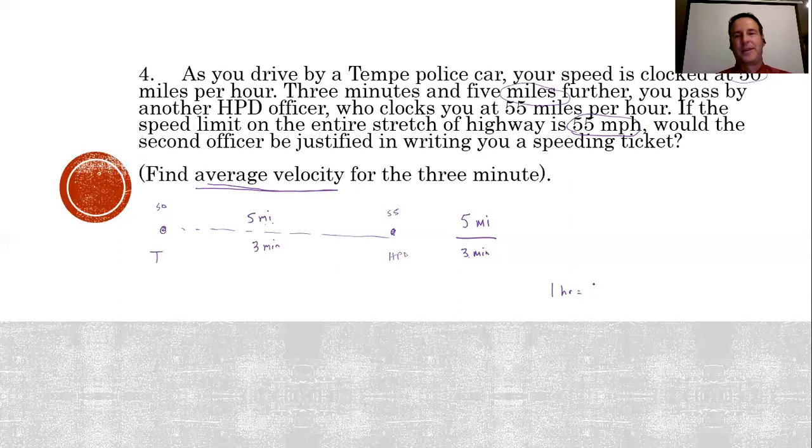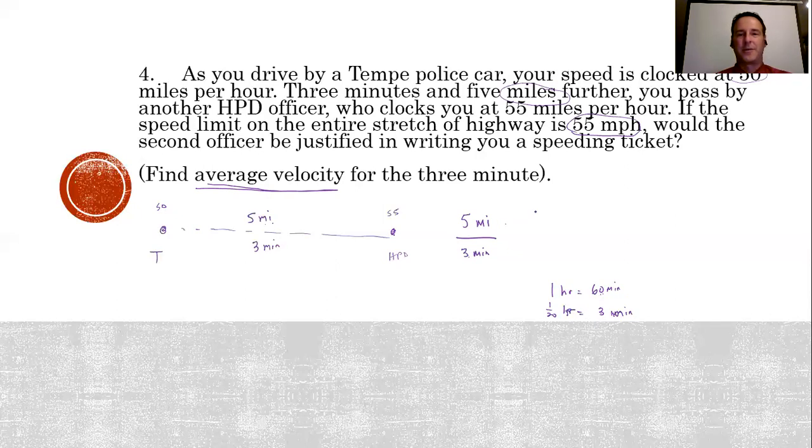Well, that's 60 minutes. 3 minutes would be how much of an hour? If I go from 60 to 3, that means you divide by 20, and I'll do the same thing here. 3 minutes is the same as 1/20th of an hour.